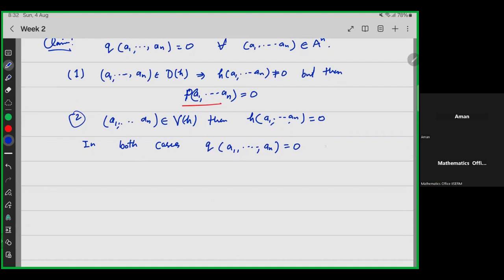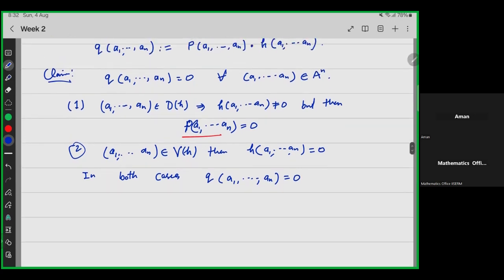So this is true for all (a1, ..., an). We have shown this. This is our short frame.